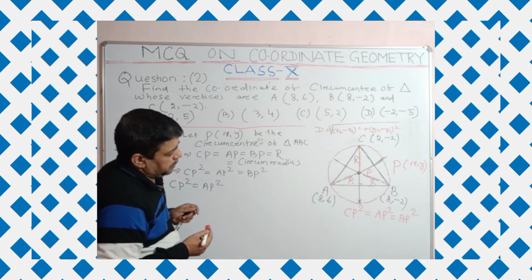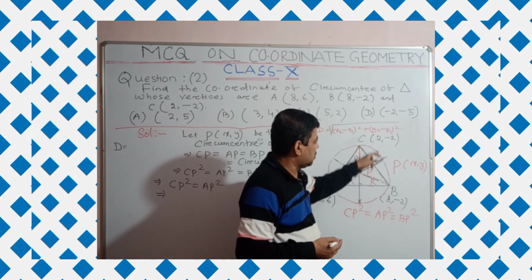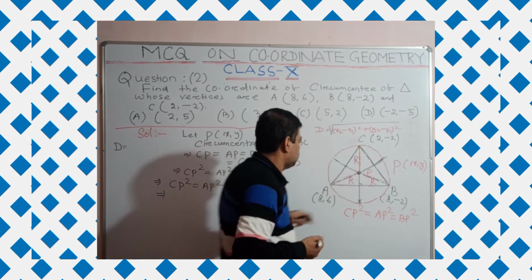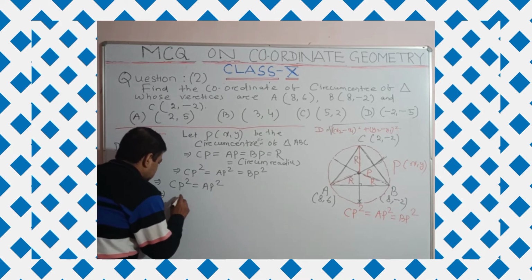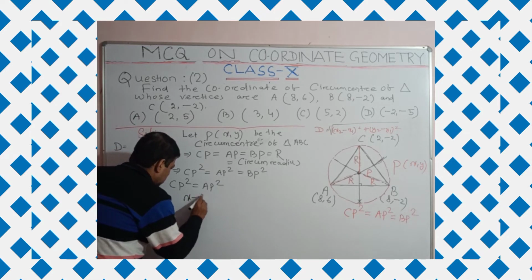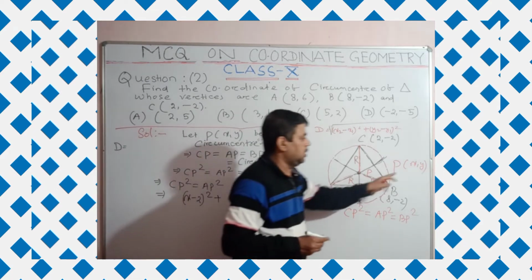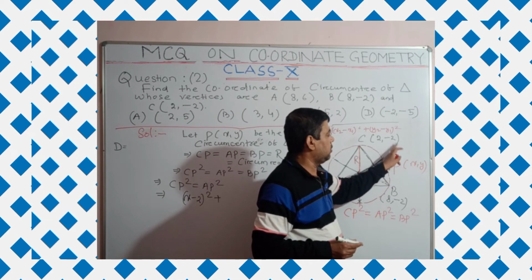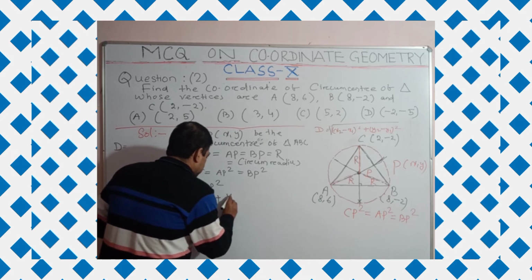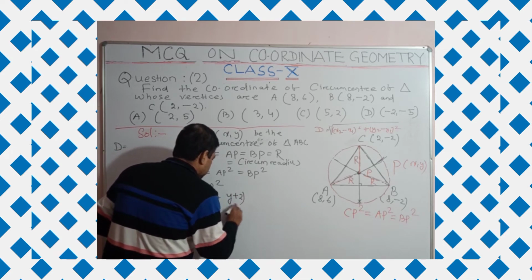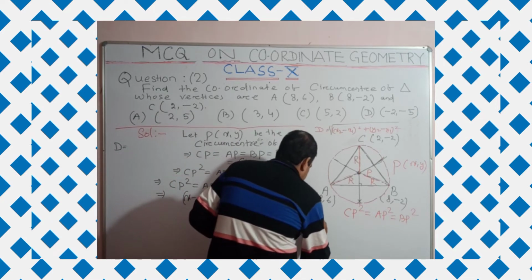What is CP? The point P has coordinates x and y, so CP means x minus 2 whole square plus the difference between the y coordinates, y minus minus 2, which is y plus 2, whole square.